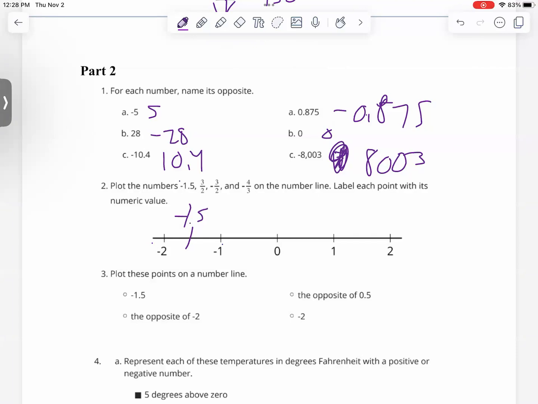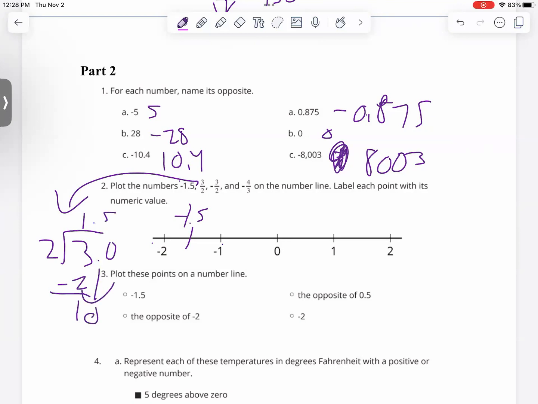Well, how would we get that? We would divide 3 by 2, like we've done before, and make this a decimal, 1.5. So that's going to be right here. So we put our 3 halves right there. Negative 3 halves, well, now we know that's the opposite, so positive 3/2 is here, and negative 3/2 is the same distance on the other side.